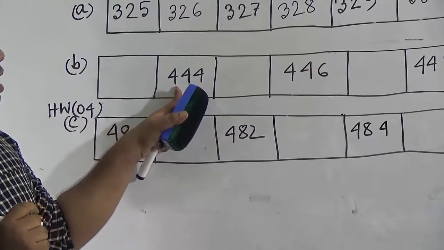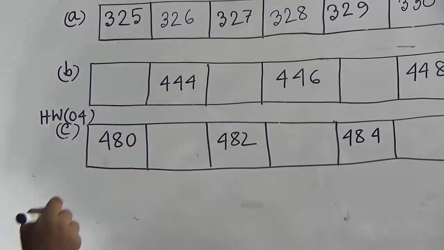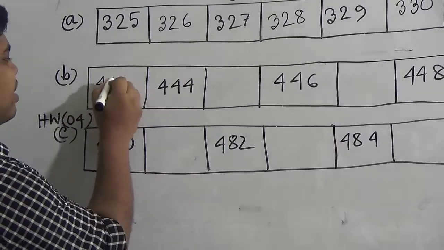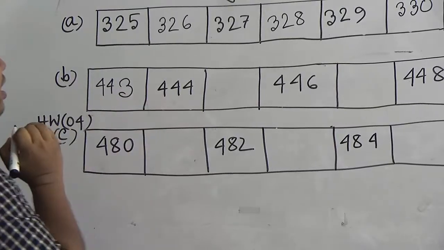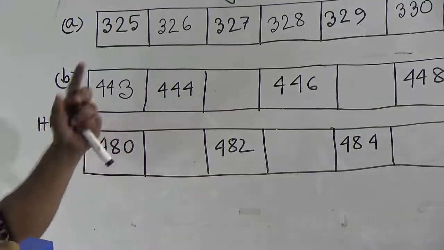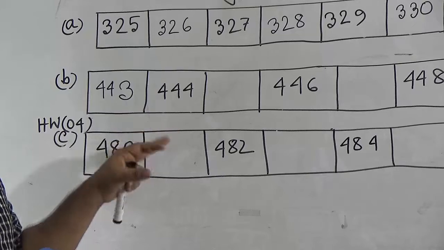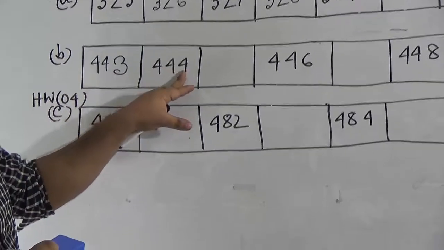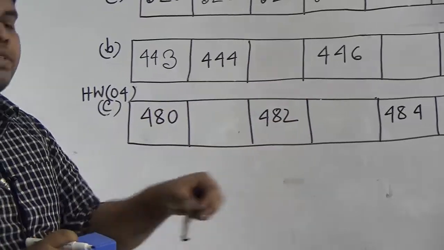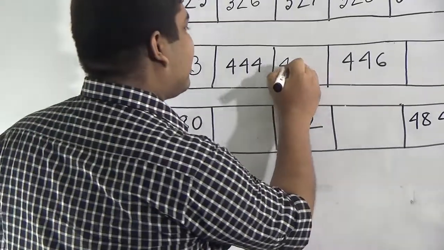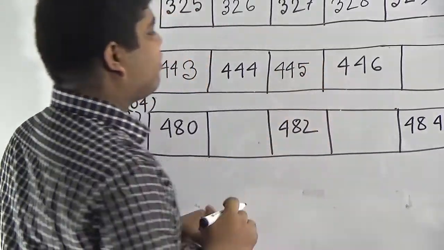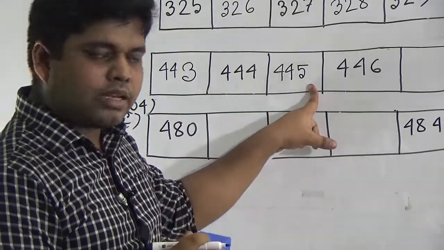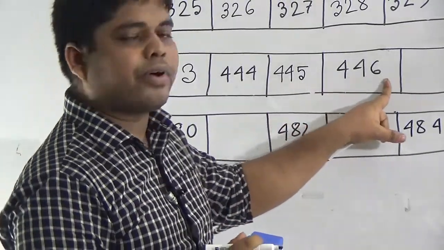The previous number of 444 is 443. You are a very smart learner. I hope you have understood how to put the missing number in the box. Then 443, 444. After that which number comes? The number 445.